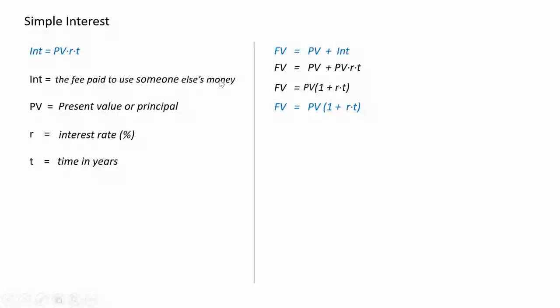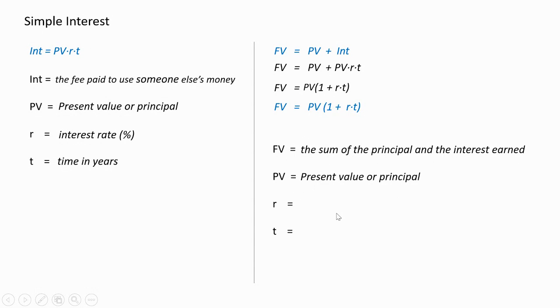Every time the question is asking for simple interest, we're going to be using either one of these two formulas. For this formula, the FV stands for the sum of the principal and the interest earned, which is the future value. The PV is the present value or principal. The R is the interest rate in percent, and the T is time in years.